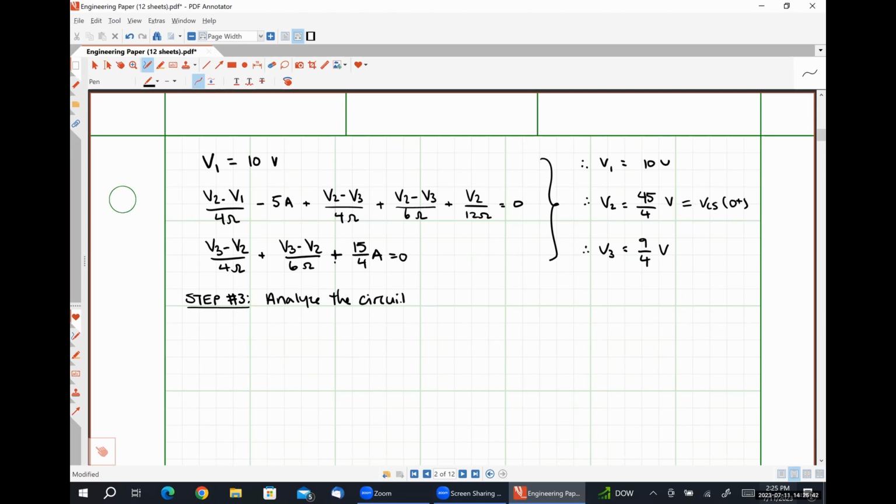One it is again that we don't have to do t at infinity. So if there are no sources connected to our energy storage element, then we don't have to worry about dealing with things at t is equal to infinity.